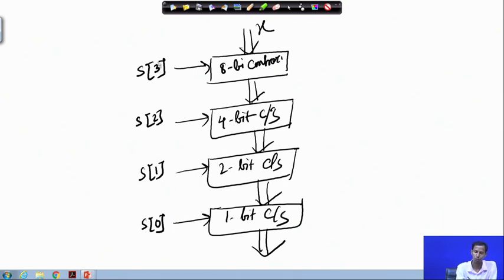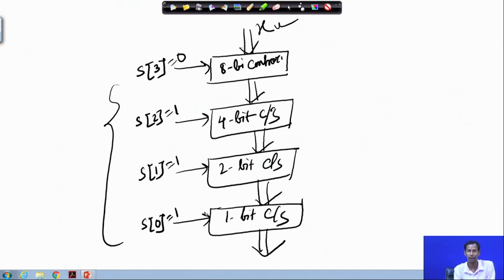So, if you change the corresponding bit values of this select line, then you will get that number of shift operation of the x input. How? Suppose you select this as 1, this as 1, this as 1 and this as 0. So, as this is 0, there will be no shift at this particular stage, so x will come over here.